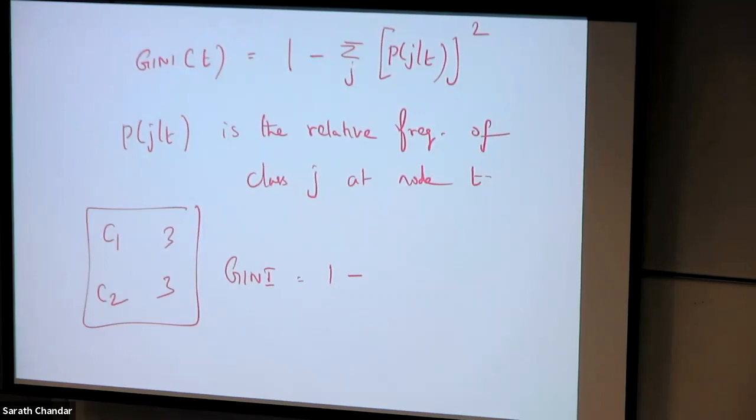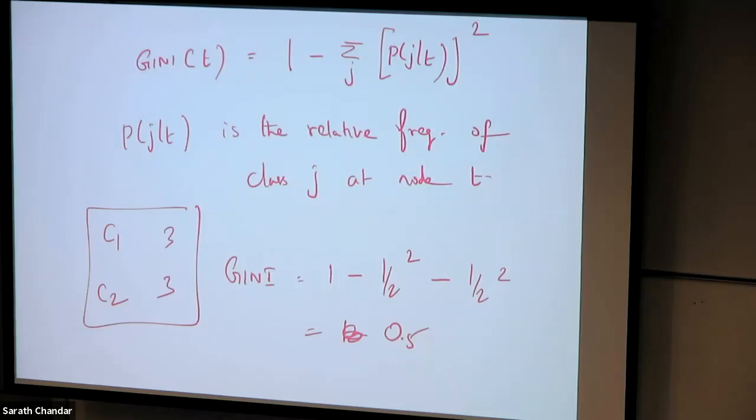There are only 2 classes here. For the first class, the frequency is half, so half square, minus the second class, half again, so half square. So it's 1 minus half square minus half square, which is actually 0.5.